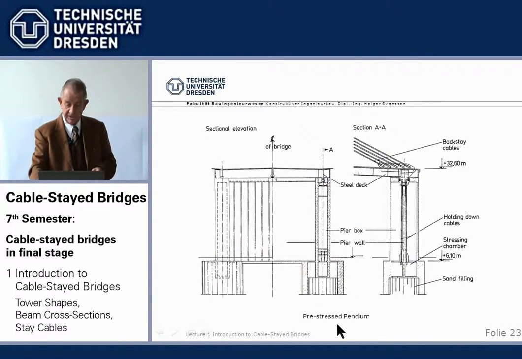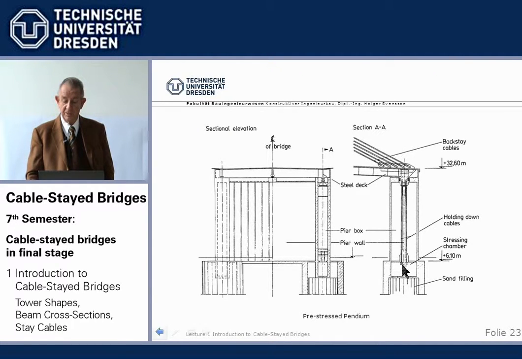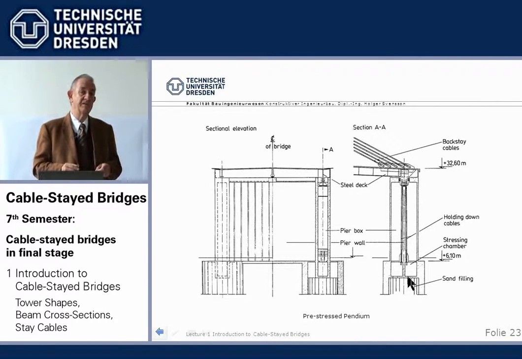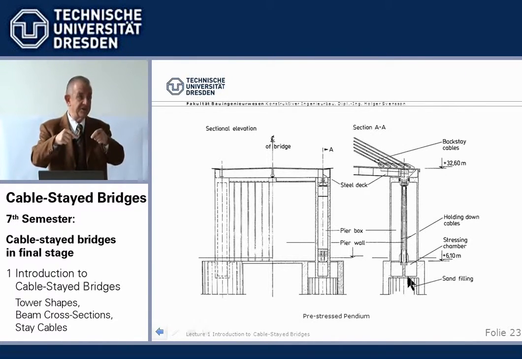That's one possibility. Another, used formerly very often, is to make pendulums. We have here the cables coming down and we use a long pendulum with hinges here and there to tie the vertical forces down. Problem is we have from live load compression and tension, so fatigue is a problem. We can pre-stress, post-tension them, but basically we have to find some means of vertically tying down the uplift forces there.